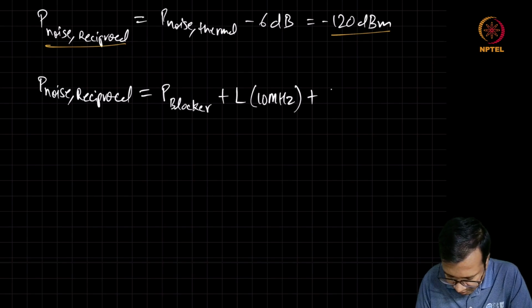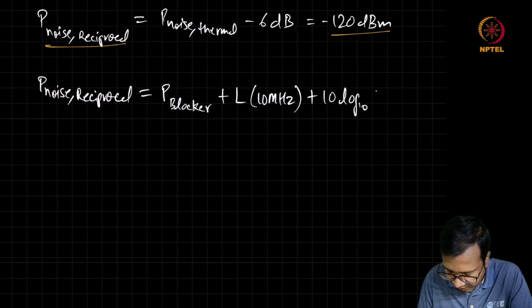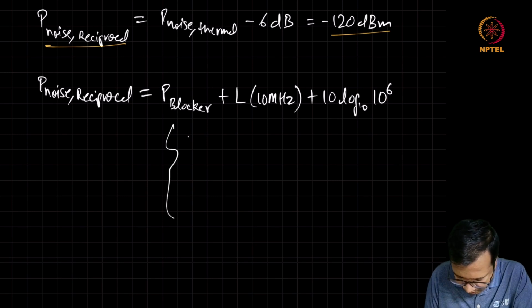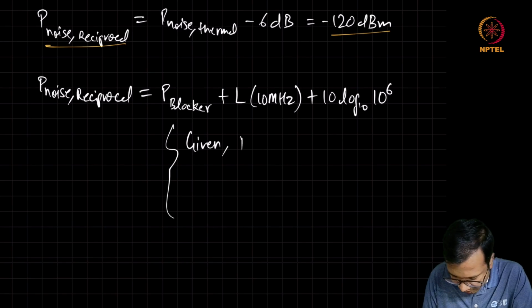So the integration will be just multiplication with the channel bandwidth, which in our case is 1 megahertz, 10 to the power 6. Now let's say the given blocker power is equal to minus 30 dBm.